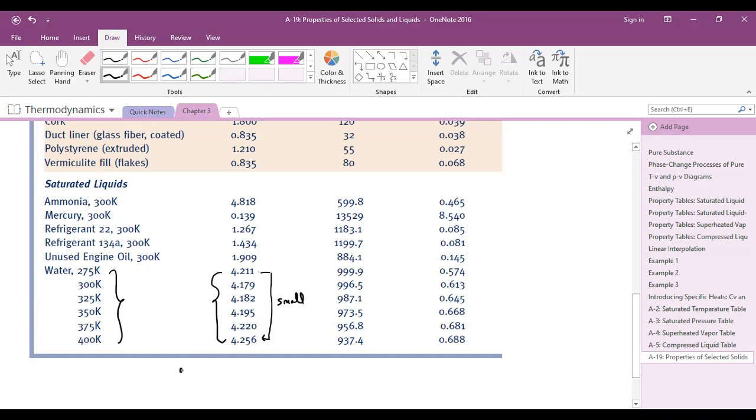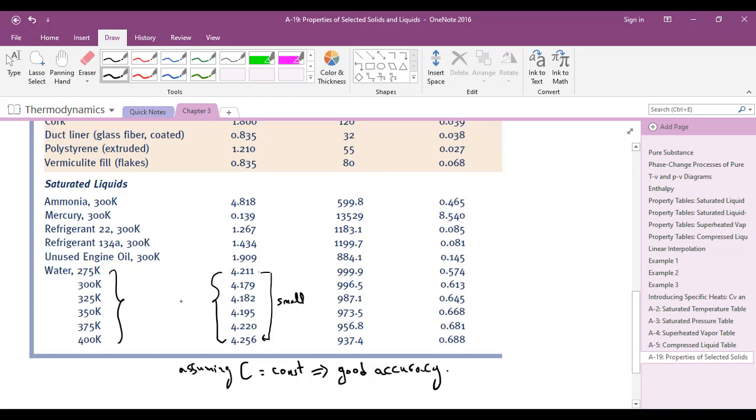So assuming C as constant will yield good accuracy. We will not lose a lot of accuracy if we assume a constant value for C.